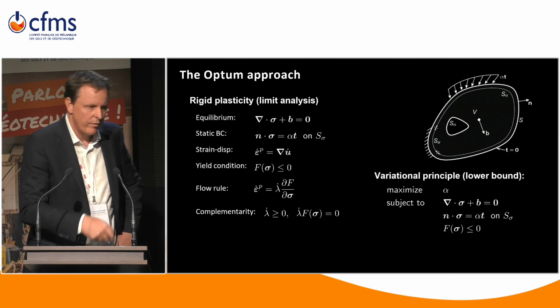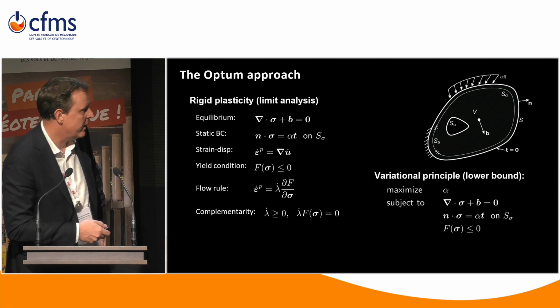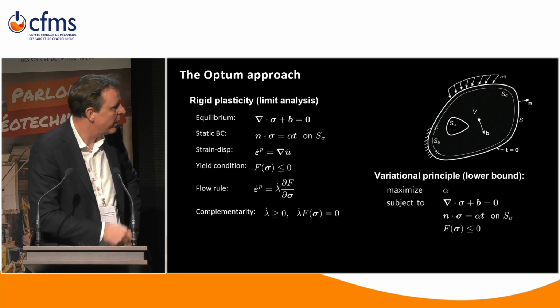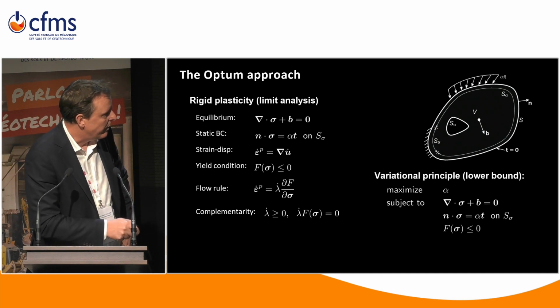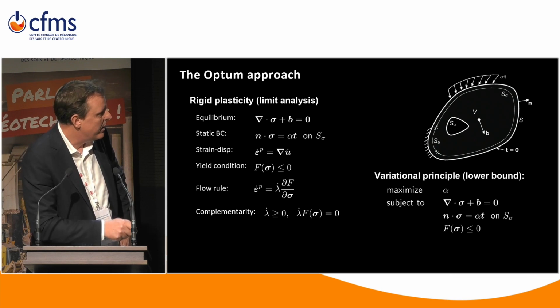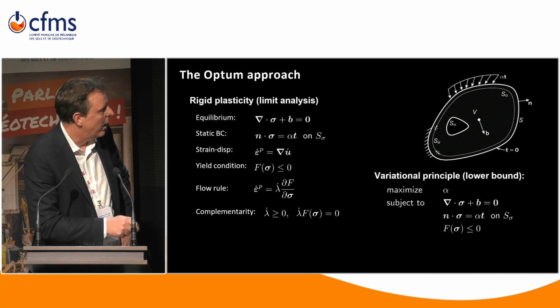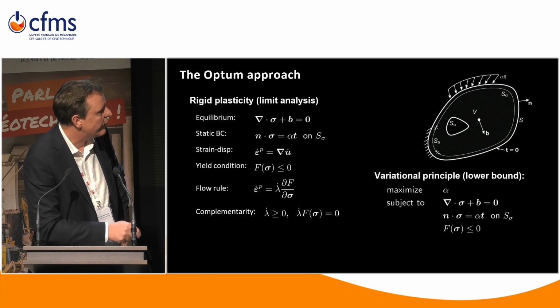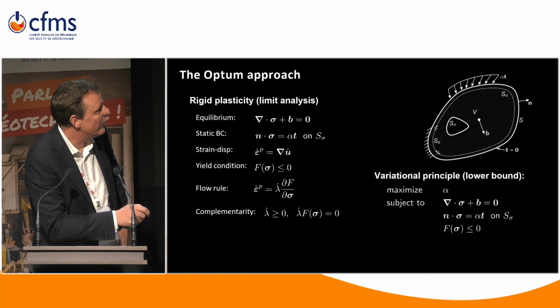But that can be boiled down to something quite simple, something the previous speaker already mentioned. There are three ingredients: equilibrium and stress boundary conditions, which is also a kind of equilibrium, the yield conditions, and then the optimization. Suppose we have this continuum potato loaded on part of the edge with a load alpha, a multiplier times t, a set of tractions.